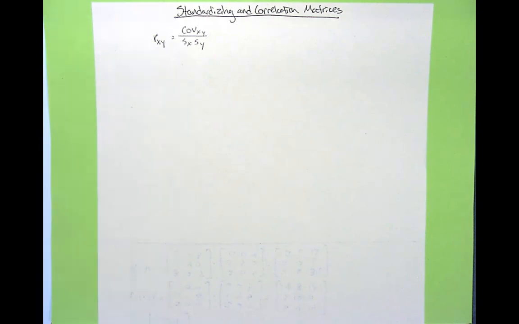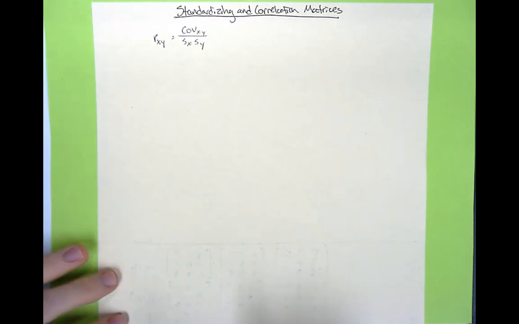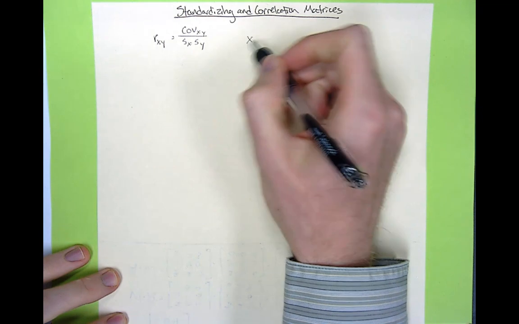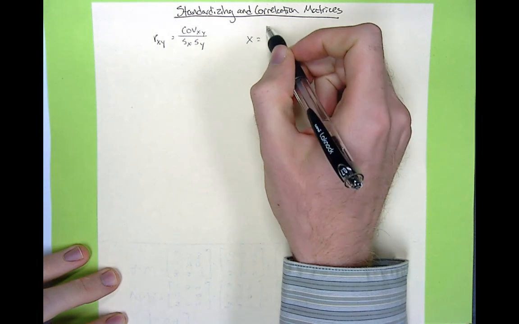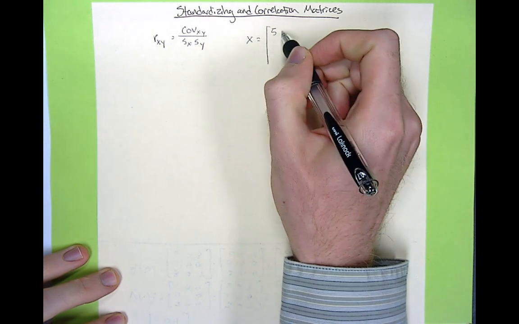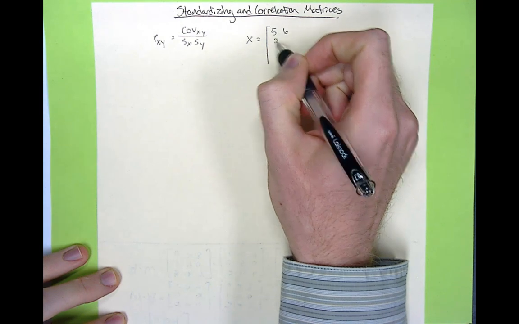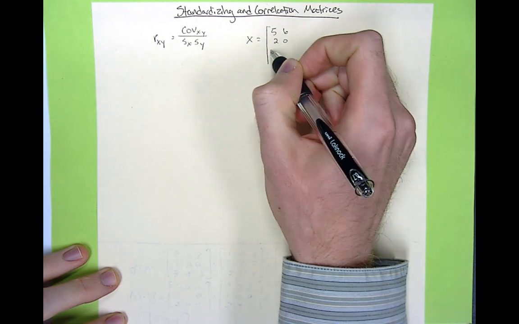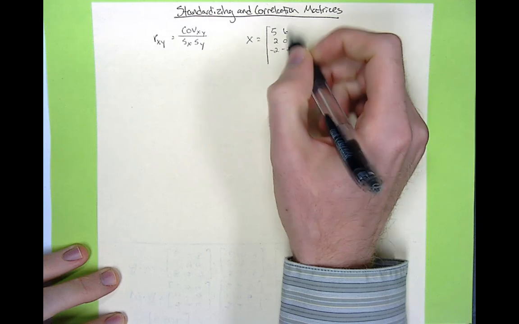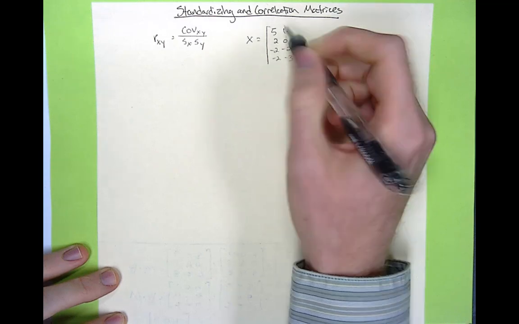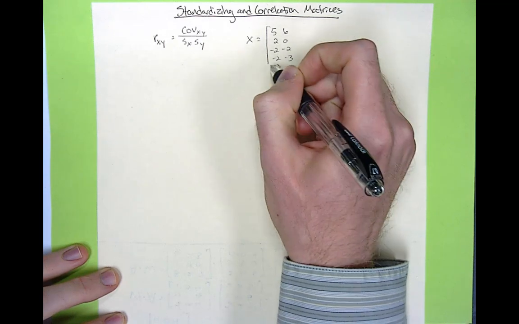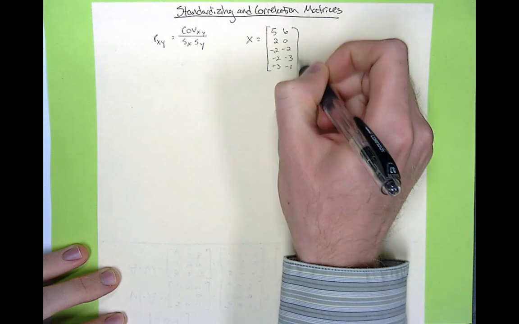For the data matrix we got in video 3.2, we had some deviation scores that looked like this: 5, 6, 2, 0, negative 2, negative 2, negative 2, negative 3, negative 3, and negative 1.